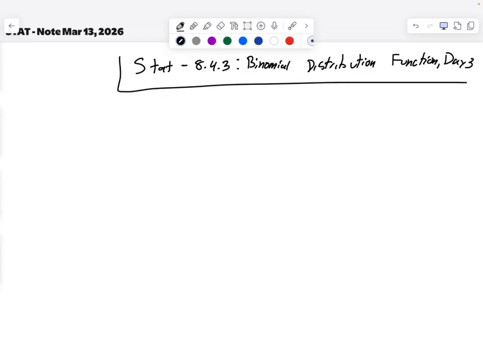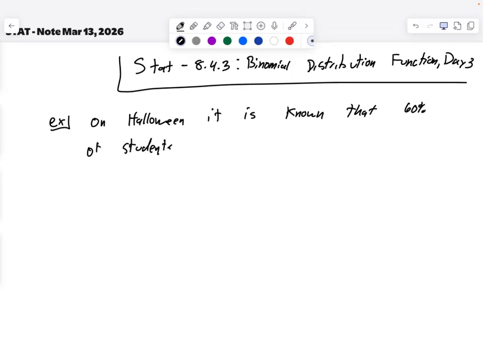So I want to do an example problem. Let's look at an example. On Halloween, it is known that 60% of students dress up.